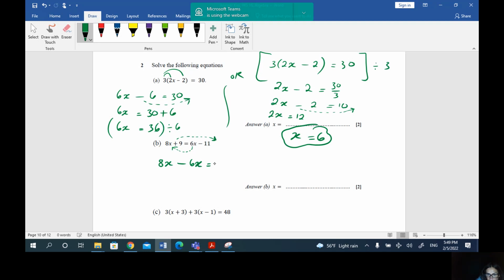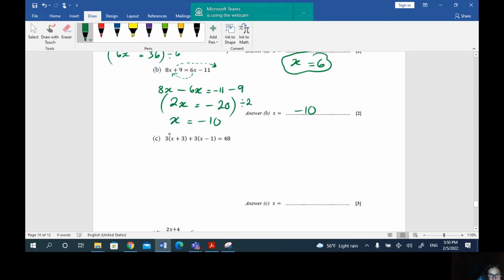The right side of the equal, we start with minus 11 minus 9. 8x minus 6x is 2x equals minus 11 minus 9, which is minus 20. Divide all by 2 to get rid of the coefficient and to isolate x, so it will be negative 10. So here x is equal to negative 10.